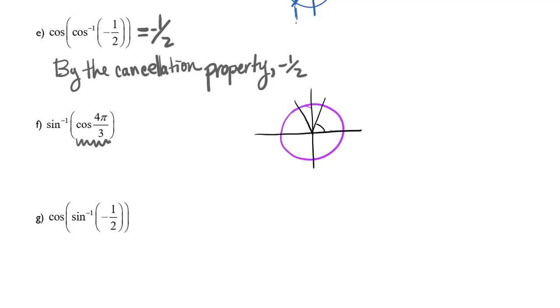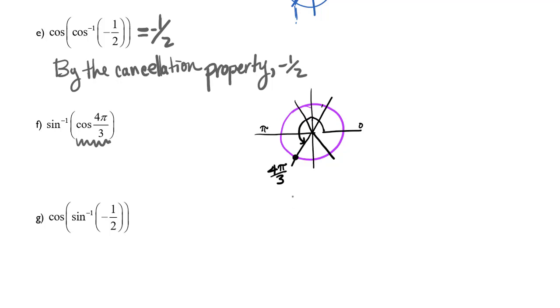If I break this first 0 to pi into thirds, that'll be 1/3, 2/3, 3/3 to pi. And then I'll break this third quadrant up into thirds. So that's 4 pi over 3.